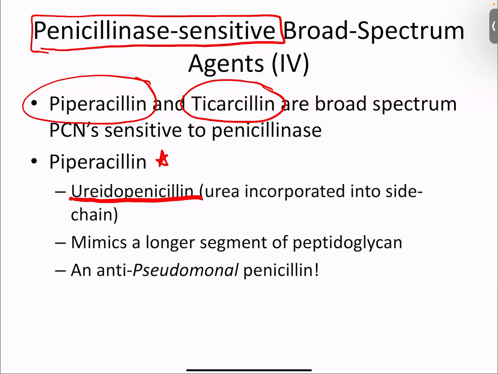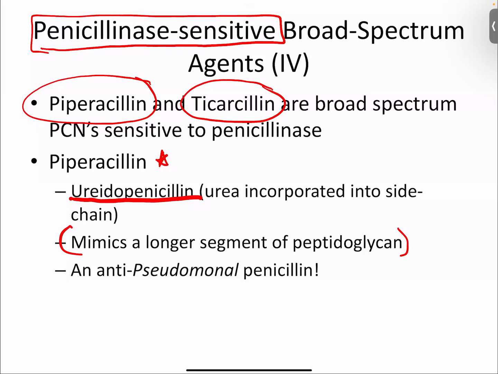I think everything that you're going to see along the lines of piperacillin is going to be in combination with tazobactam in the form of Zosyn. Piperacillin's claim to fame is its activity against Pseudomonas. It was an anti-pseudomonal penicillin. It has very good penetration through Pseudomonas porins. That's one of the barriers to successful treatment with beta-lactams in Pseudomonas.